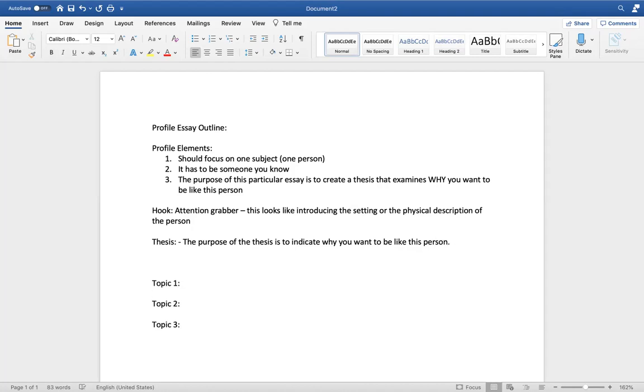So let's pretend for a minute that I'm writing about my dad, okay? So I've given this great description of his physical, his setting, and then I'm getting here to the thesis. Maybe in the thesis, I say, my dad has been someone who has been through so much in his lifetime.